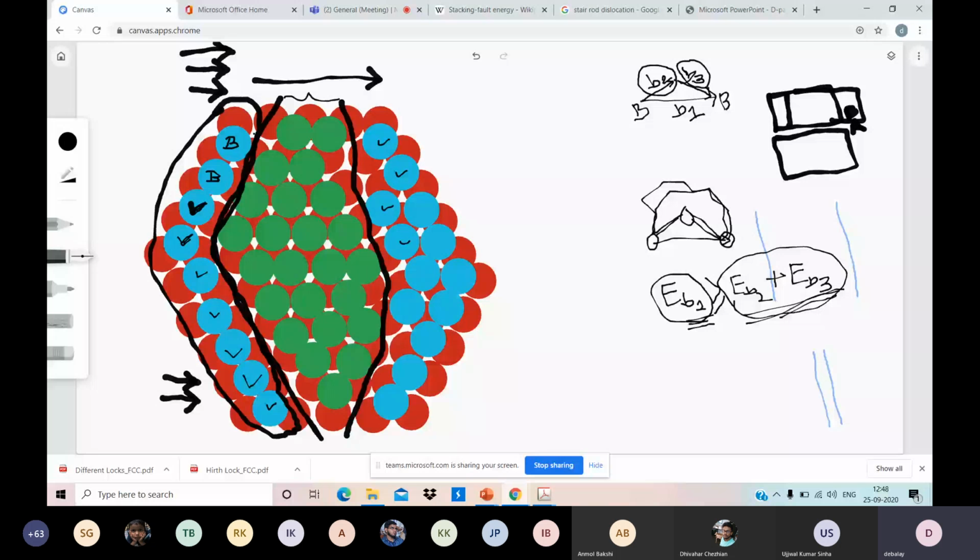No, because it contains a lot of defects, so it is not stable, it is unhappy. It wants to reduce its energy by eliminating the defects. But can it eliminate defects? No, because you have to heat it, so that the necessary thermal activation has to be there in the form of diffusion, so that it can release its energy.